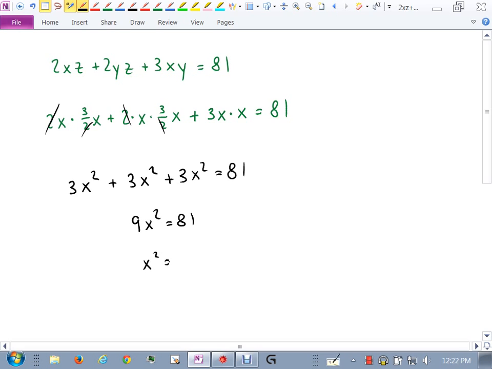X squared is 9. X is 3, or -3. But can't be negative, right? So if x is 3, what's y? 3, and then what's z? 3/2 times 3, right? 9/2? 4.5?